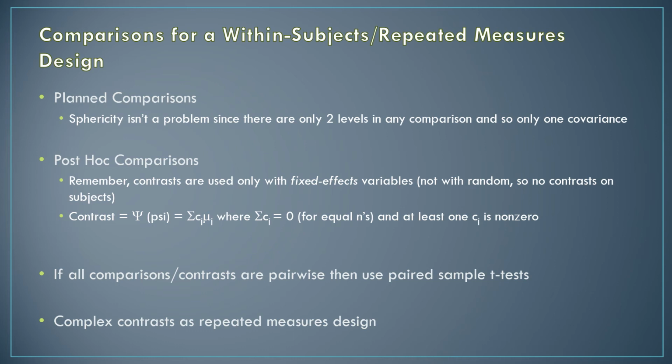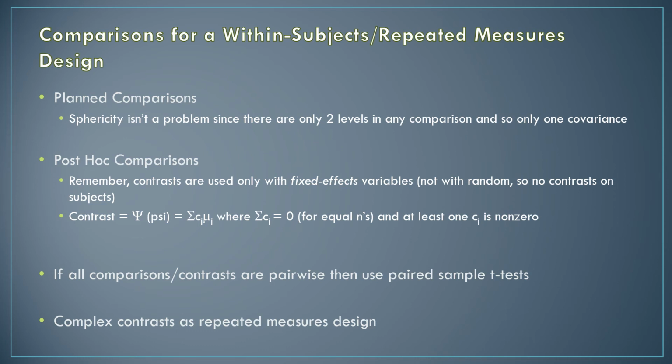And it also is really using a lot of your degrees of freedom to be able to complete all of these comparisons when typically you would only be using one, maybe two of the comparisons to really interpret and to add to your results. So a lot of times post-hoc comparisons with the within subjects designs don't make a lot of sense to do.